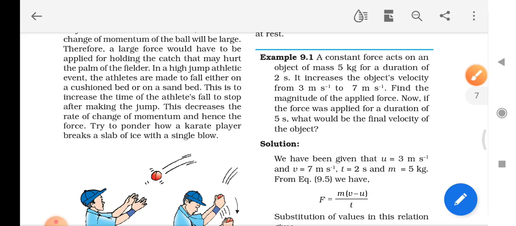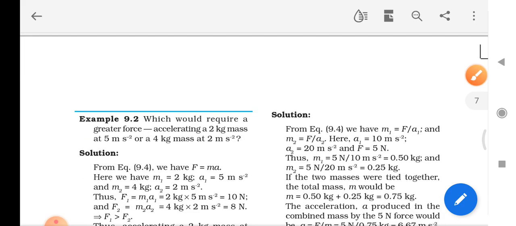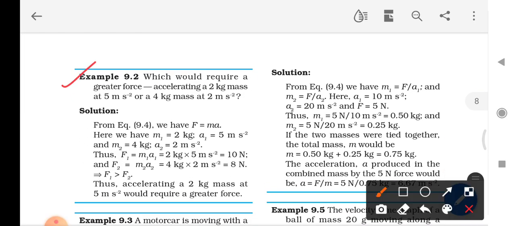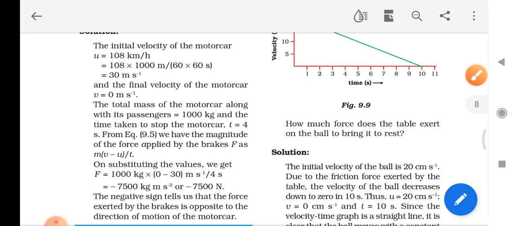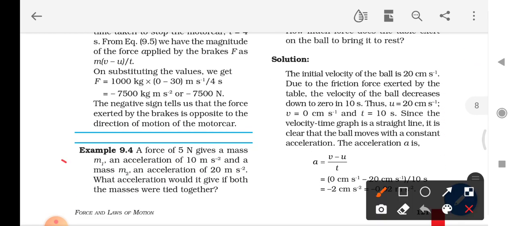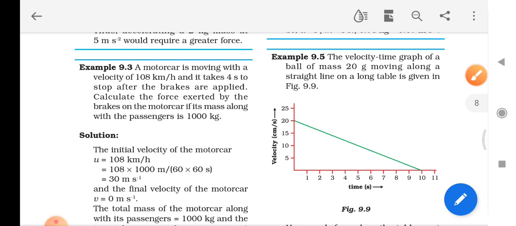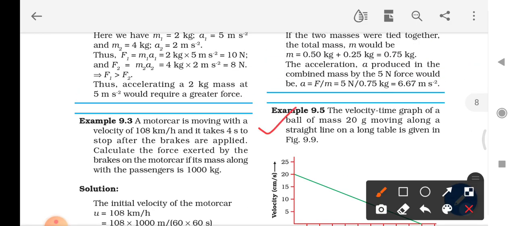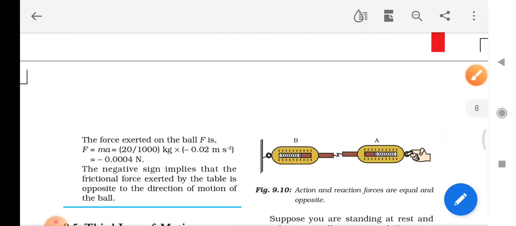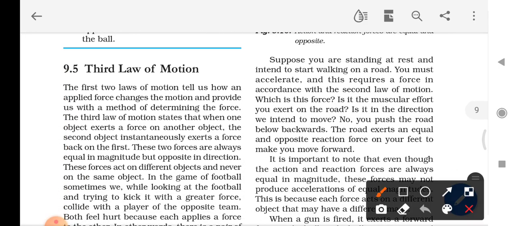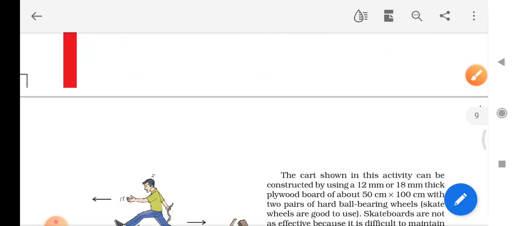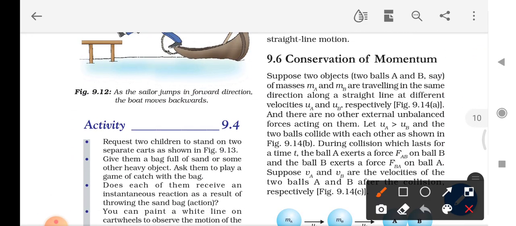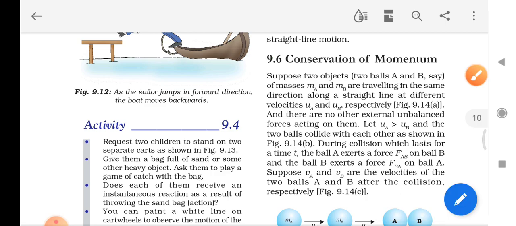And the example sums 9.1, 9.2, 9.3, 9.4 and 9.5 also completed. In 9.5 the third law of motion also completed. 9.6 conservation of momentum completed.